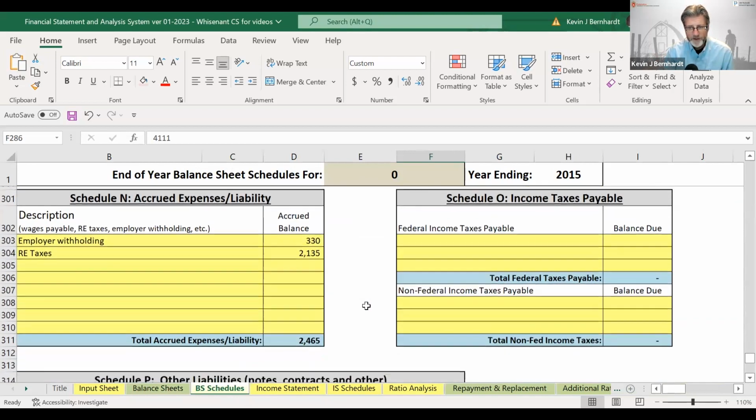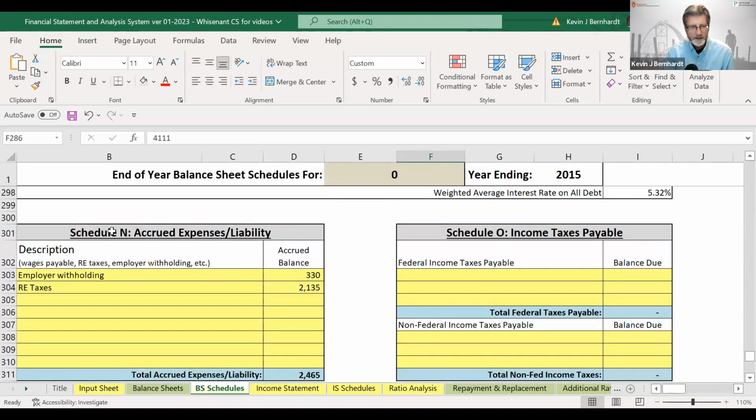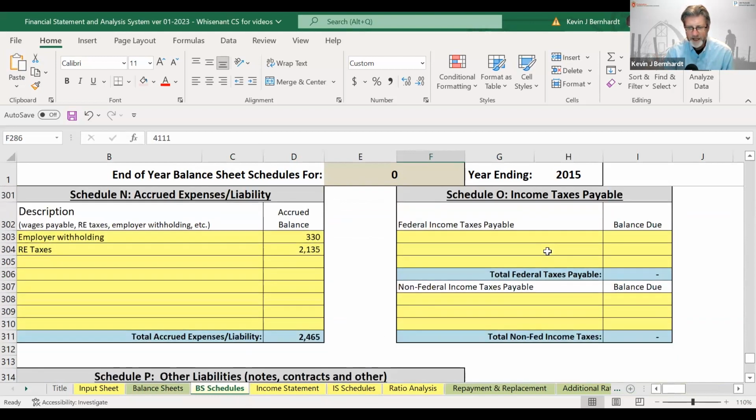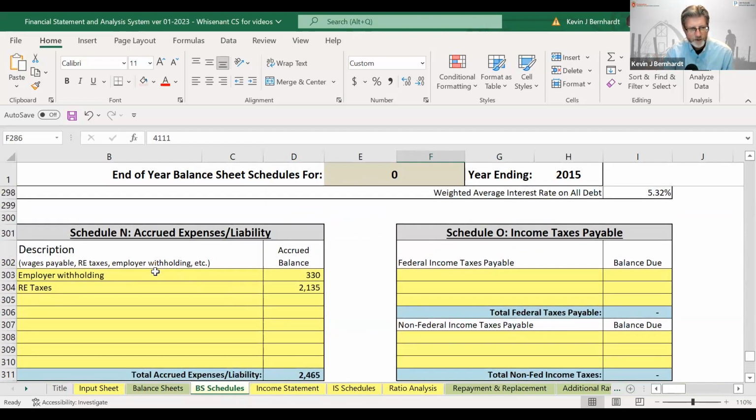There are two other schedules, actually three other schedules. Schedule N for accrued expenses and liability, Schedule O for income taxes payable, and Schedule P, that's just an other, just a catch-all category. So Schedule N for accrued expenses, if you have real estate taxes that have accrued that you haven't paid yet, or you've got wages that have accrued up that you haven't paid yet, etc., that would be a place to record those.